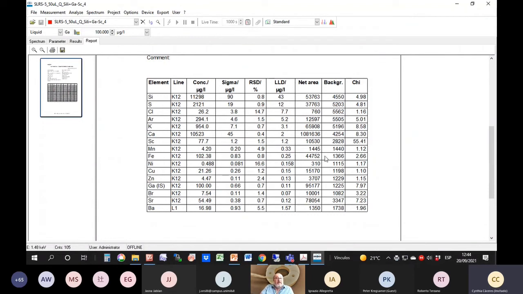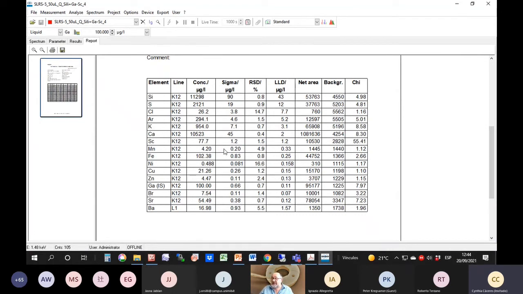Why? Because this matrix is special. It's a very clean river water, and the difference between the maximum and minimum concentration of the elements is in the range of TXRF. For example, the maximum concentration in this case is calcium, at 10.5 ppm.